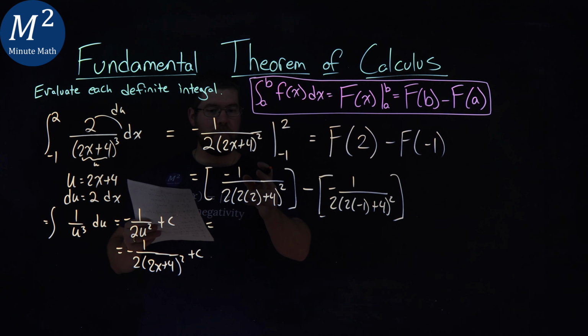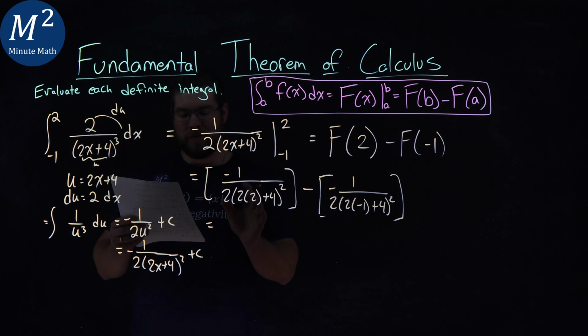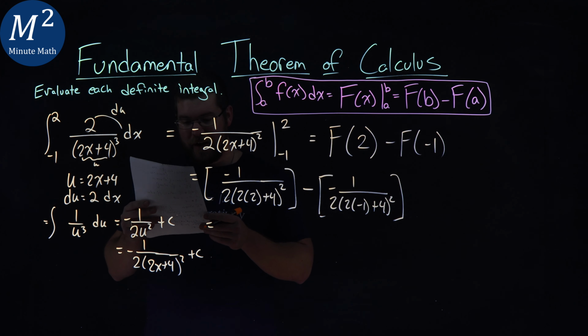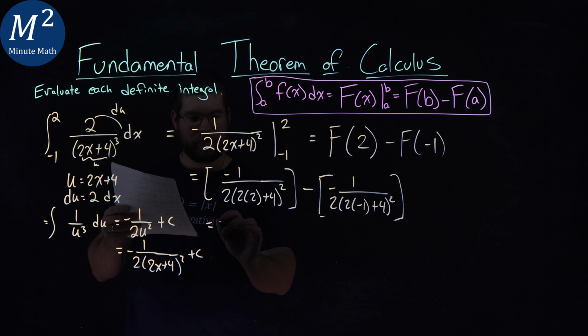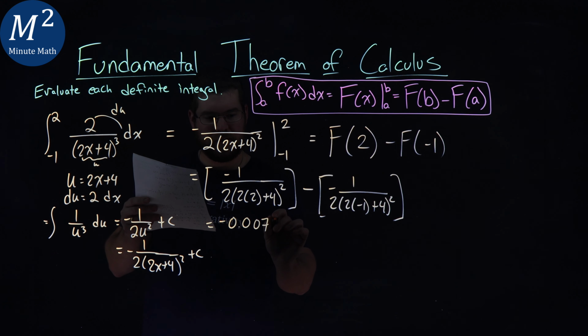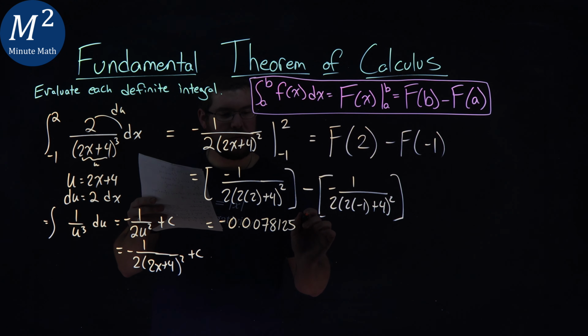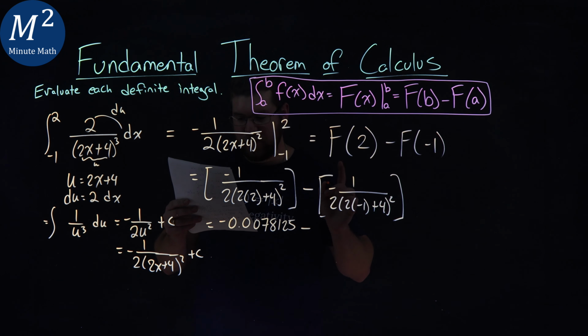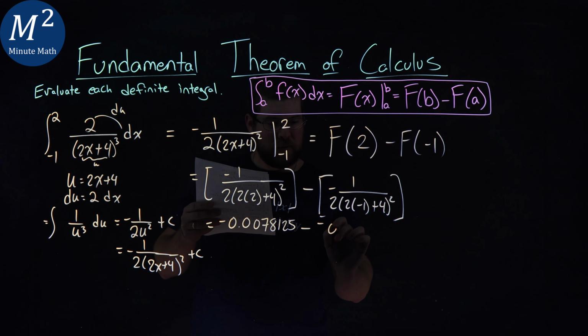The first part here, when we plug 2 into our integral, we get a good old decimal, it's a long one, negative 0.0078125, minus the second one, plugging negative 1 into our integral, we get a negative 0.125.